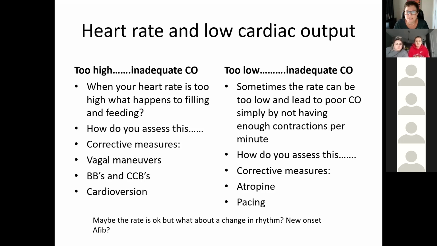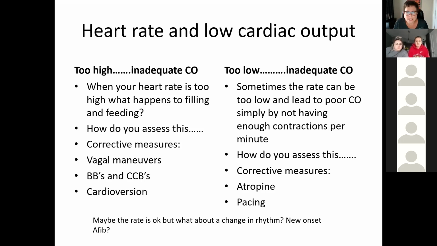The first thing I'm going to say is, is his heart rate too high or too low? So if it's too high, I know that my filling and feeding are impacted. There are 2 four-letter F words that happen in diastole. Whenever I have a rapid heart rate, that affects my diastolic filling time.